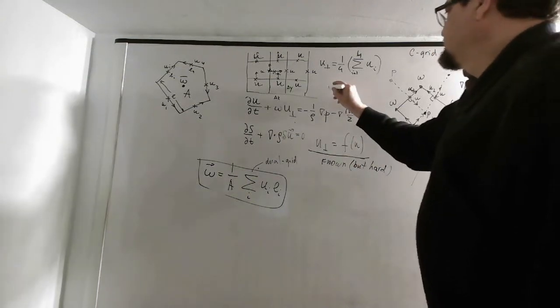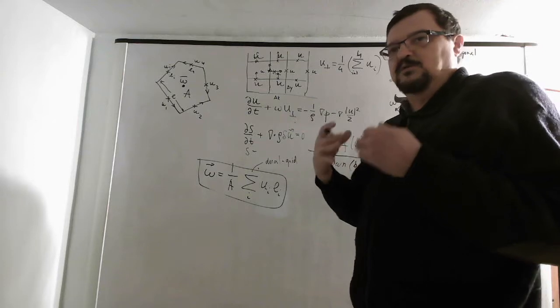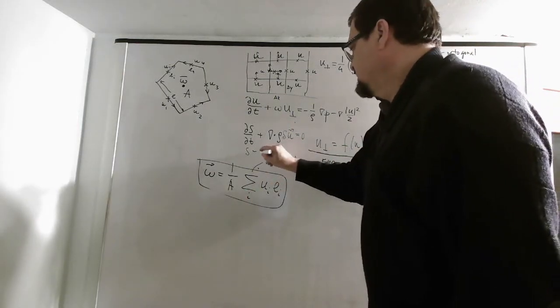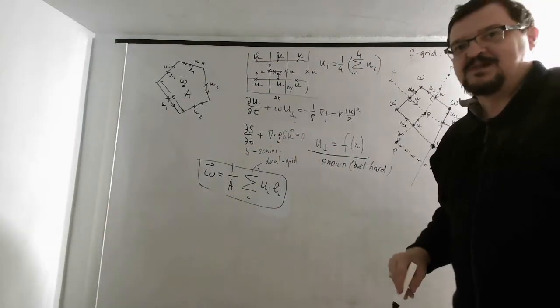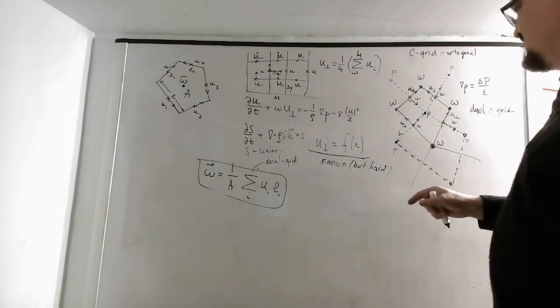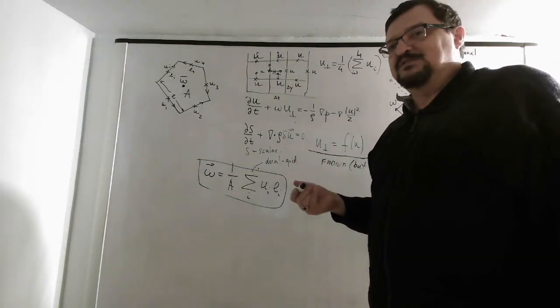So this S is a scalar, like, say, concentration of something, or water vapor content and stuff like that. So you need a divergence of some flux, and you see the flux is u.